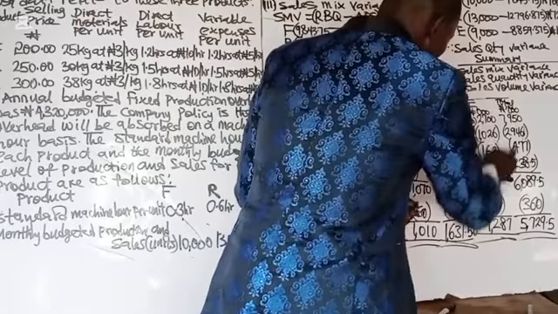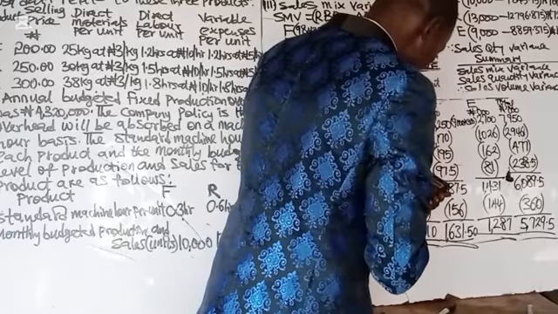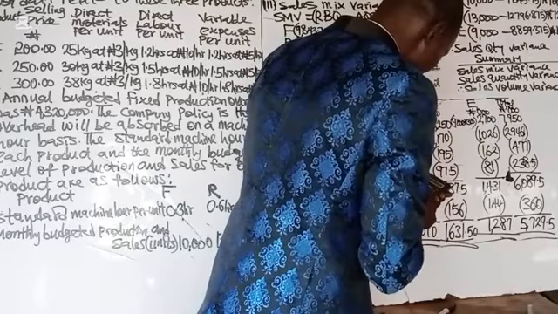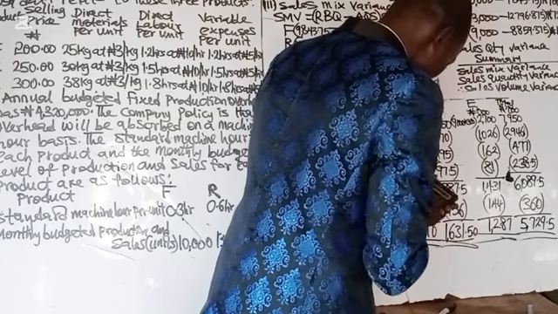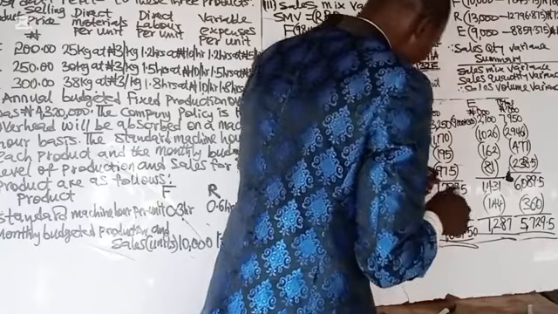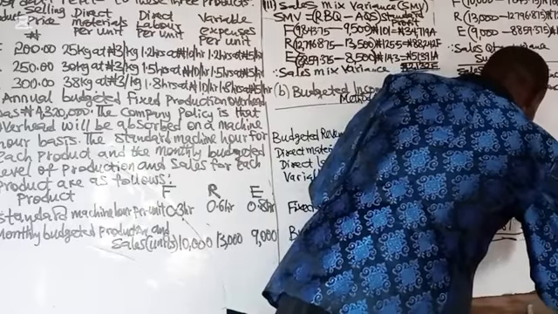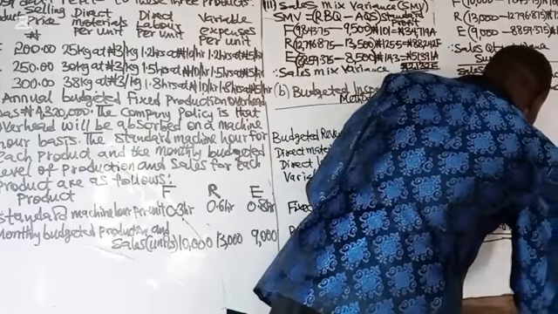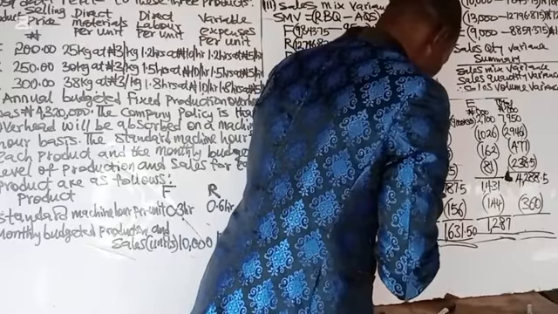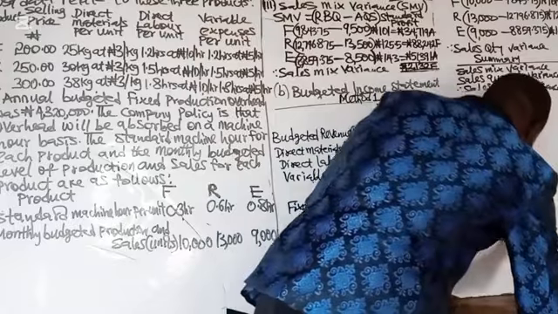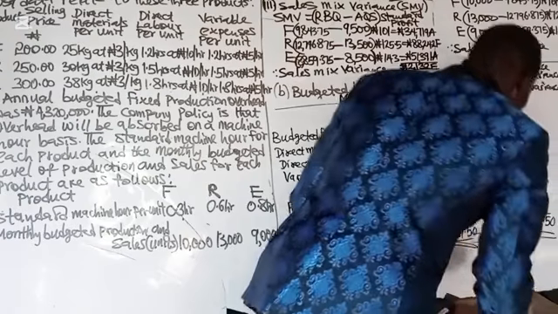My casting of the total column is wrong. 7,950 minus 2,946 minus 477 minus 238.5. So we have 4,288.5. This should be 4,288.5 minus 360. Then we have 3,928.5. So that is method 1.